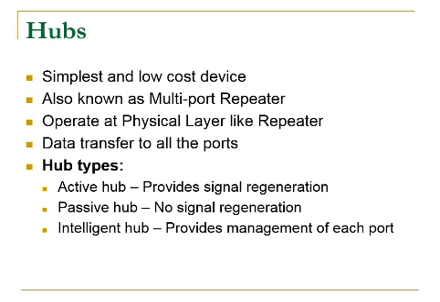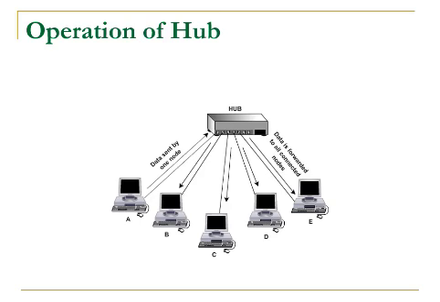There are different types of hub. Active hub, that provides signal regeneration. Passive hub, where no signal regeneration is there. Then intelligent hub, it provides management of each port. So this is how the hub will be configured by using different devices.